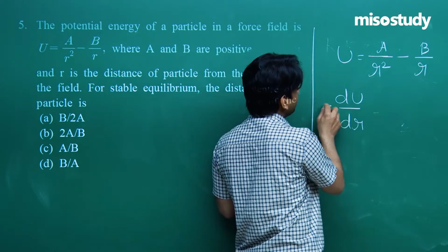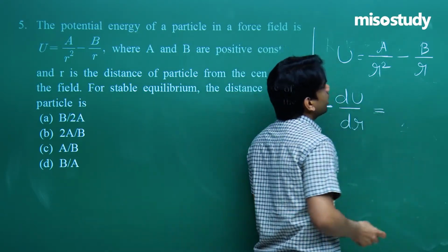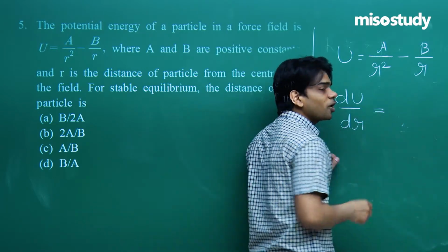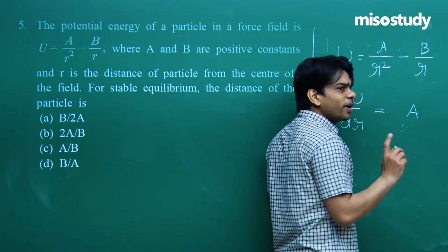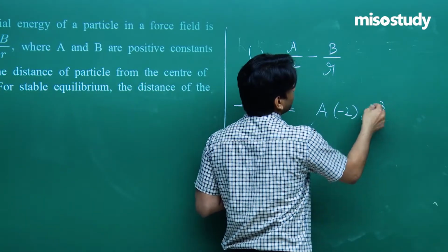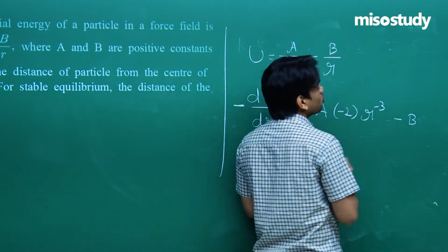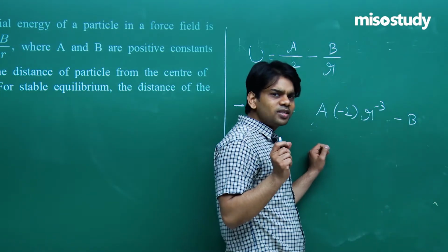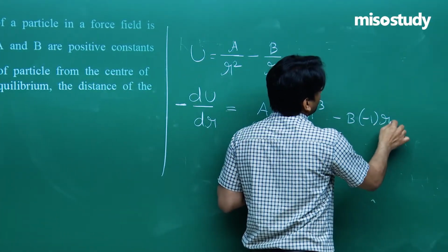So minus dU by dR should be equal to 0. If you write A upon R square as A R to the power minus 2, differentiating gives minus 2 A R to the power minus 3. For minus B upon R, we write minus B R to the power minus 1, which turns out to be plus B R to the power minus 2.